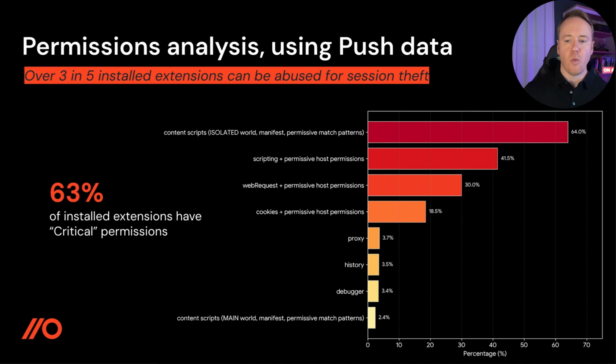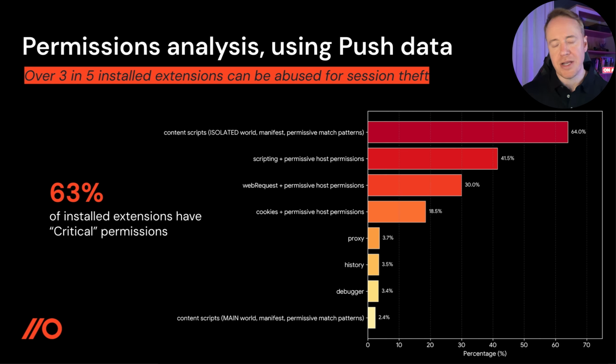What we're seeing in our data set where extensions are concerned is that over 3 in 5 installed extensions can be abused for session theft. So we are seeing those critical permissions. If we were to put a number to it, 63% of installed extensions have permission combinations that could be abused to achieve account takeover.